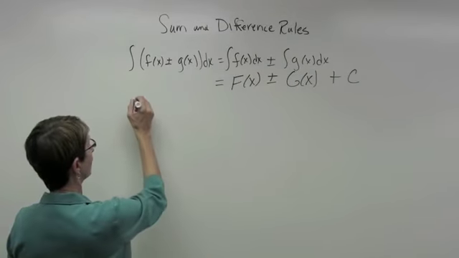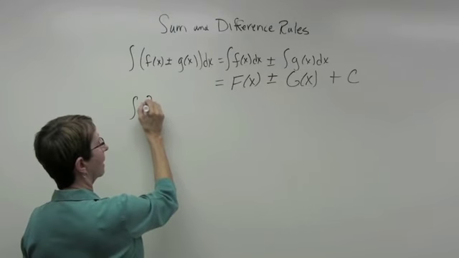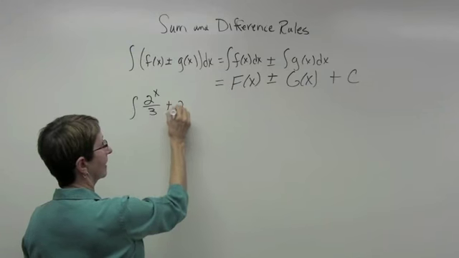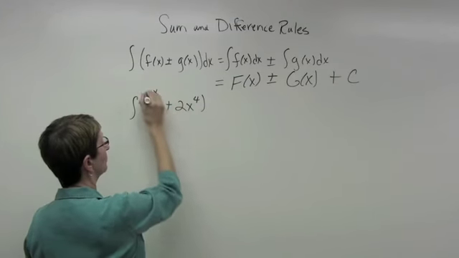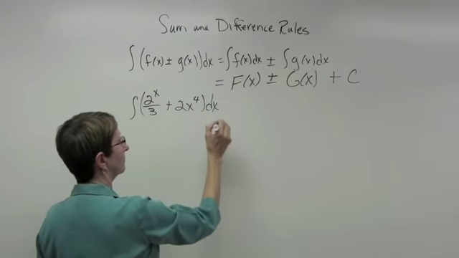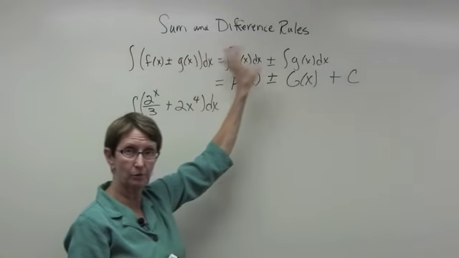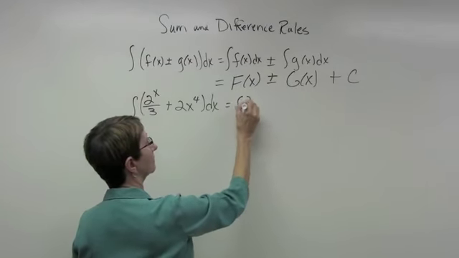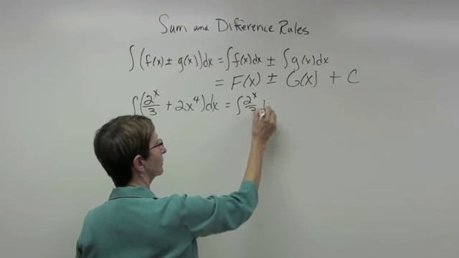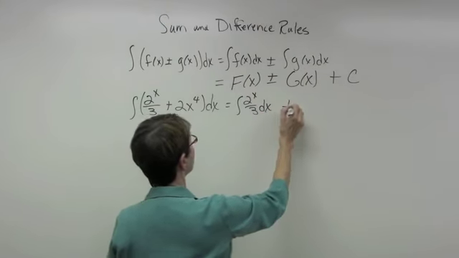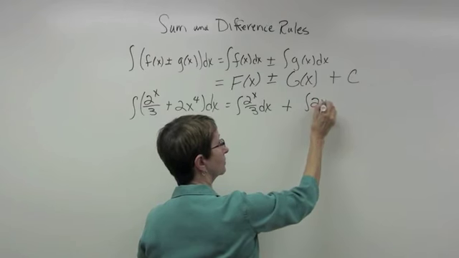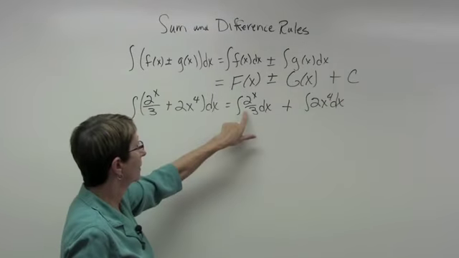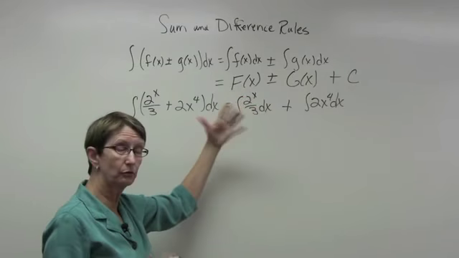So let's look first at the antiderivative of 2 to the x over 3 plus 2x to the 4th dx. According to this, I need to split those up into two integrals. So I have the integral of 2 to the x over 3 dx plus the integral of 2x to the 4th dx. 2 to the x, I have a rule for.